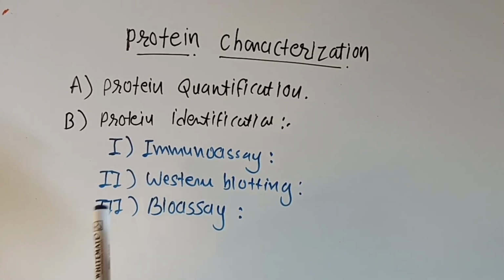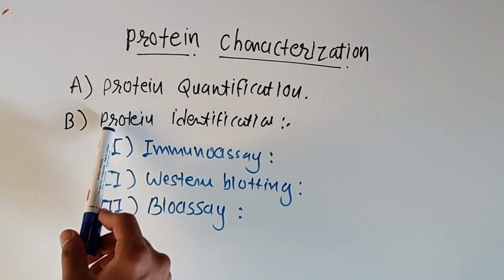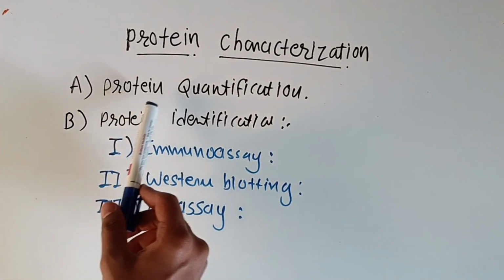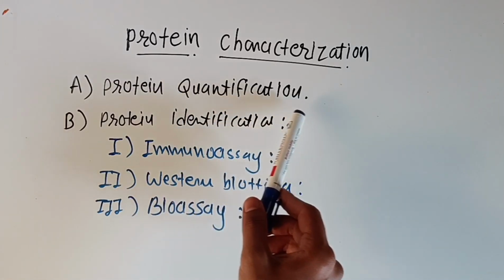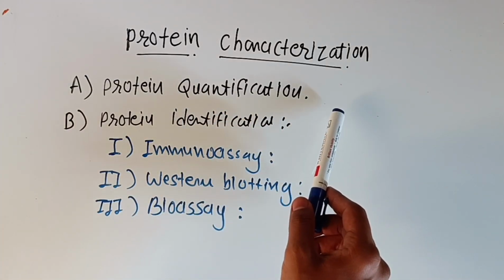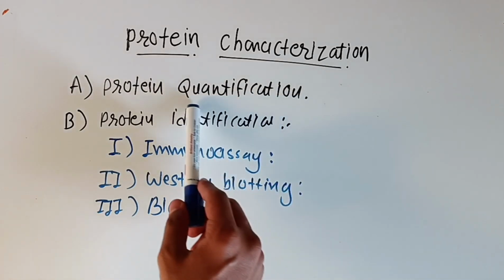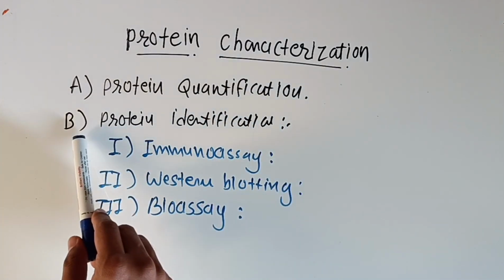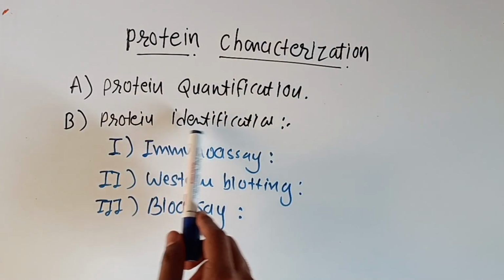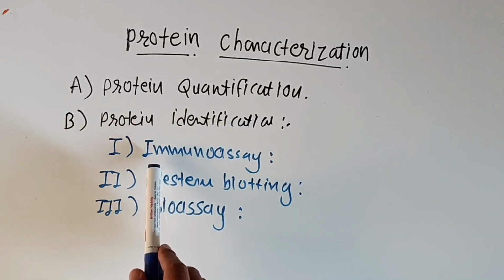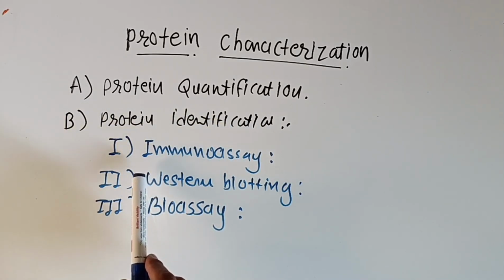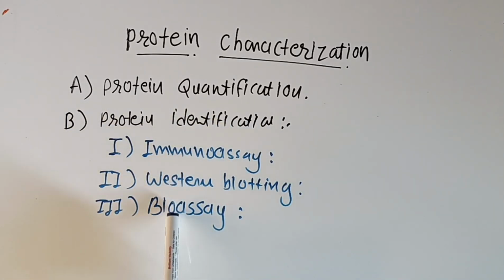So here we have done two topics of protein characterization. The first one is protein quantification, where we discussed six spectrophotometric or biochemical methods for protein quantification. Second, we discussed protein identification, where we discussed three sub-techniques: immunoassay, Western blotting, and bioassay.